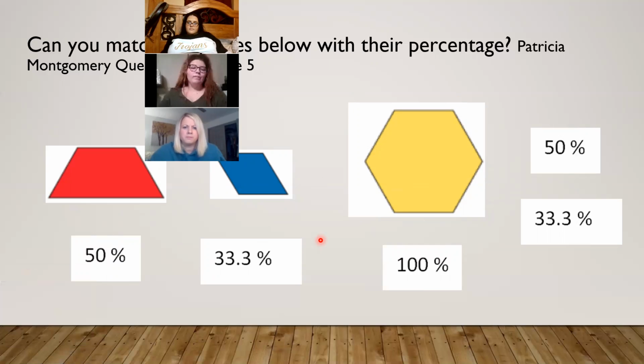It fits twice, so 100 divided by 2 is 50. So we know it's 50% of our shape. And for the blue rhombus, it looks like it'll fit about 3 times. If you divide 100 by 3, you get 33.3%, which is the percentage.